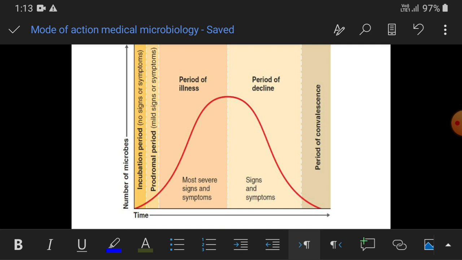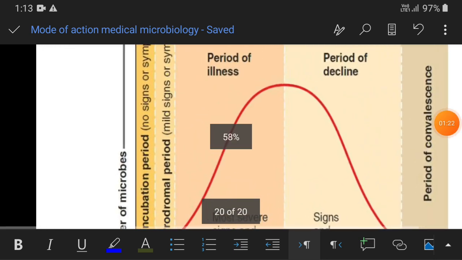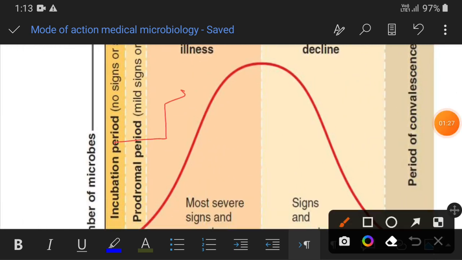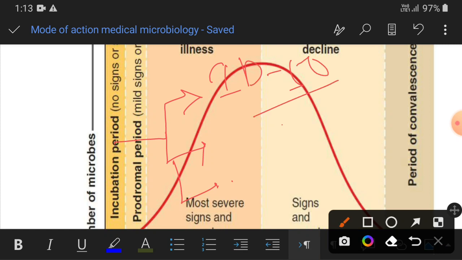There are 3 important factors that determine how long the incubation period would be. I think you can guess what properties I am going to tell about. One property is ID50. We have discussed ID50 in earlier videos, that it is the number of microorganisms necessary to cause infection in half of the hosts, isn't it? The second is the immune status of the host.